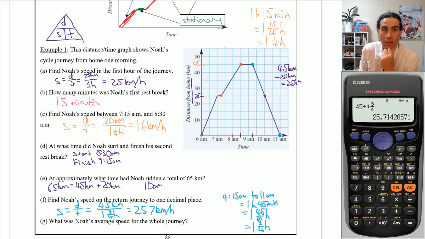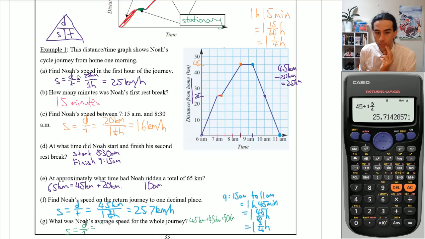So again, green, speed equals distance over time. That's our fourth speed calculation. Total distance, 45 Ks one way, 45 Ks back. So that's 45 plus 45, which is equal to, not 45 plus 4, 45 plus 45, 90 kilometers.